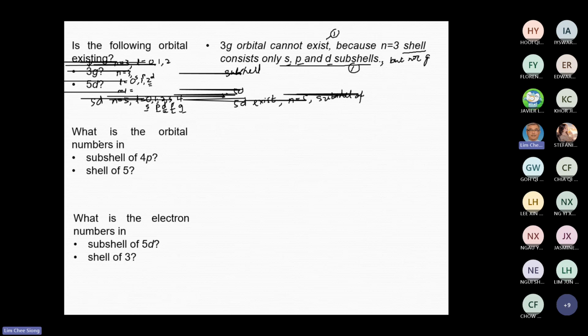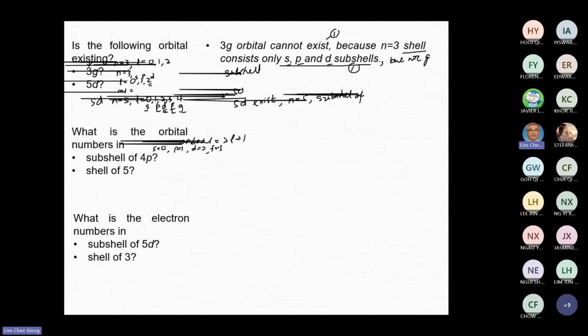Okay, good. What is the orbital number in subshell of 4p? Quickly recall orbital. There are 2 formulas that we use. Which are the 2 formulas? So orbital equal to 2L plus 1. Okay, so for 4p, quickly write down: s equal to 0, p equal to 1, d equal to 2, f equal to 3.